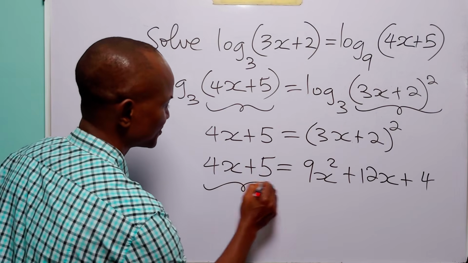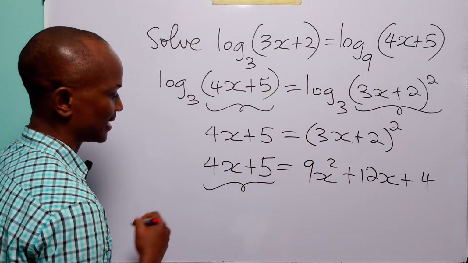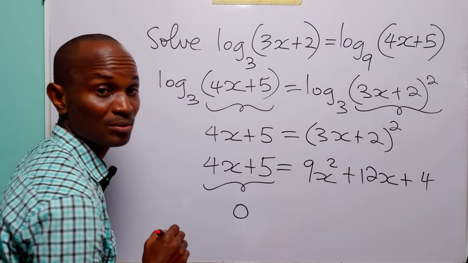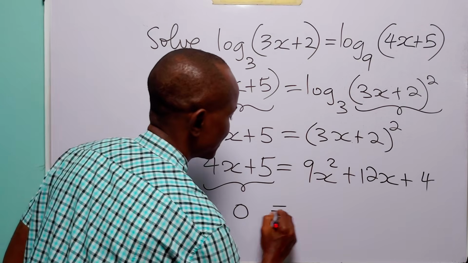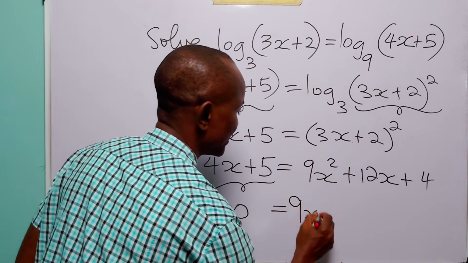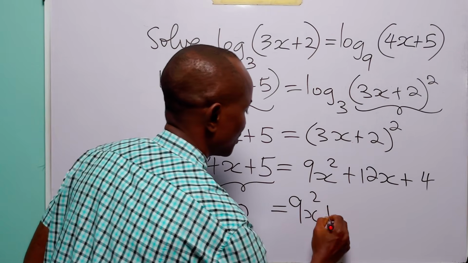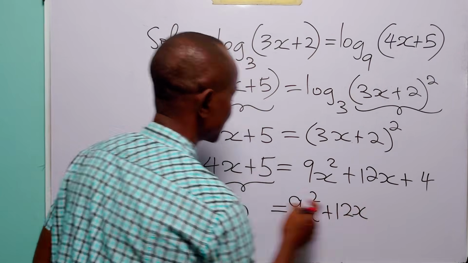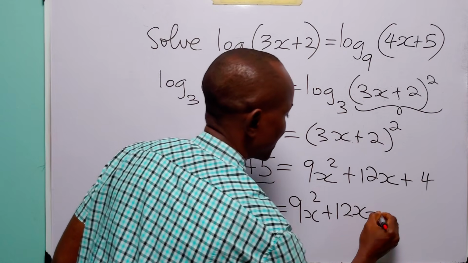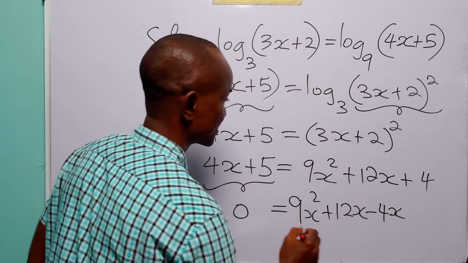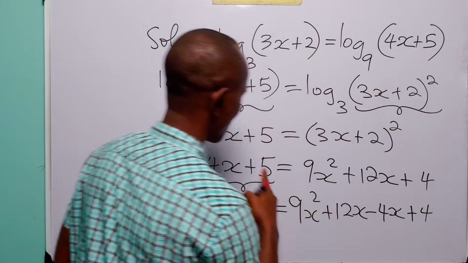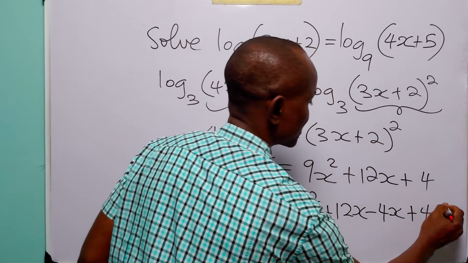Now let us take these two terms over to the right-hand side. When we do that, we have 0 left on the left-hand side, and this is equal to 9x squared plus 12x minus 4x plus 4 minus 5.